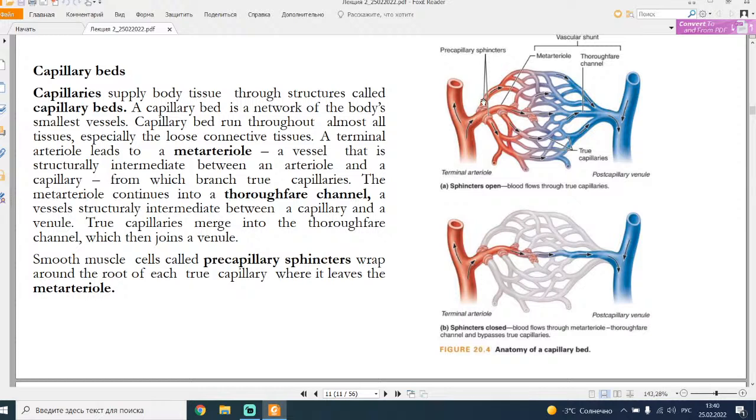The meta-arteriole continues into a thoroughfare channel, a vessel structurally intermediate between a capillary and venule.